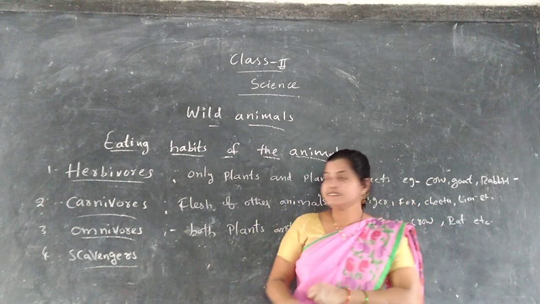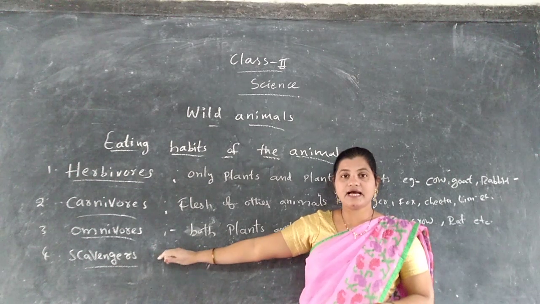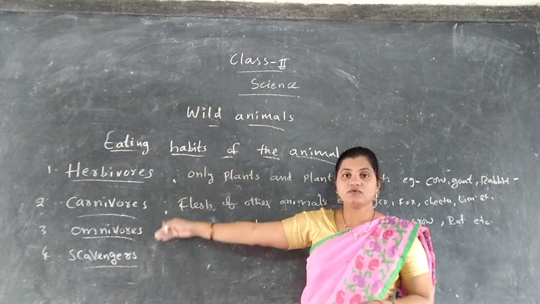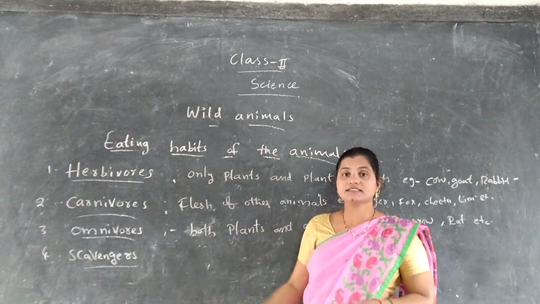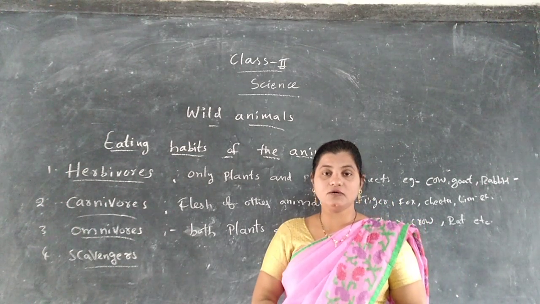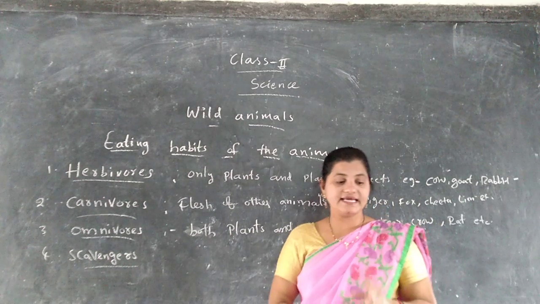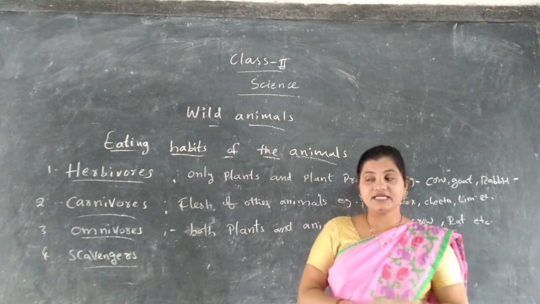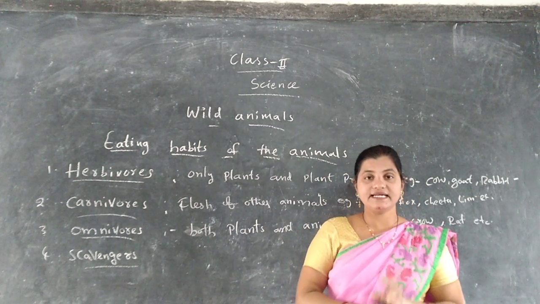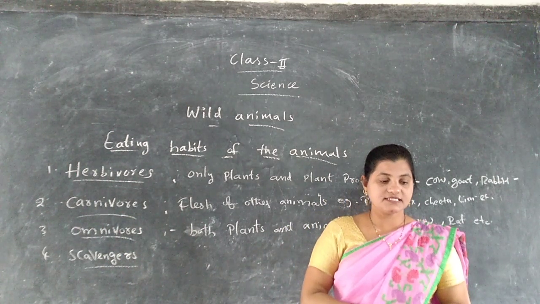Okay children. These are the three main categories of animals based upon their food habits: herbivores, carnivores and omnivores. Then what are the scavengers? Scavengers are the animals that eat only the dead and decaying animals, and they keep our surroundings clean and neat by eating the dead and decaying substances.